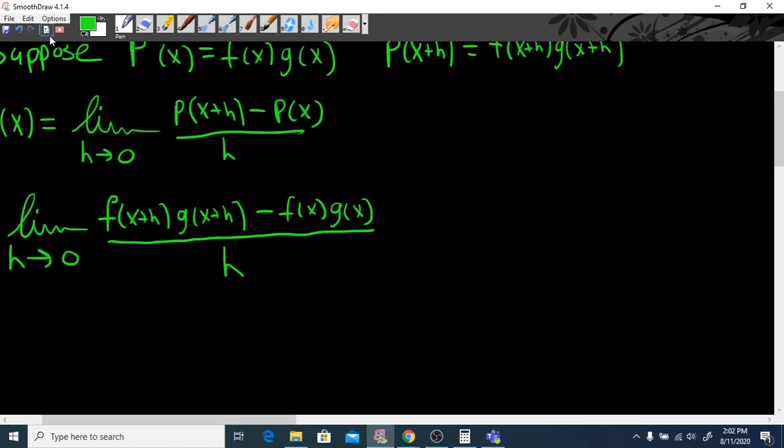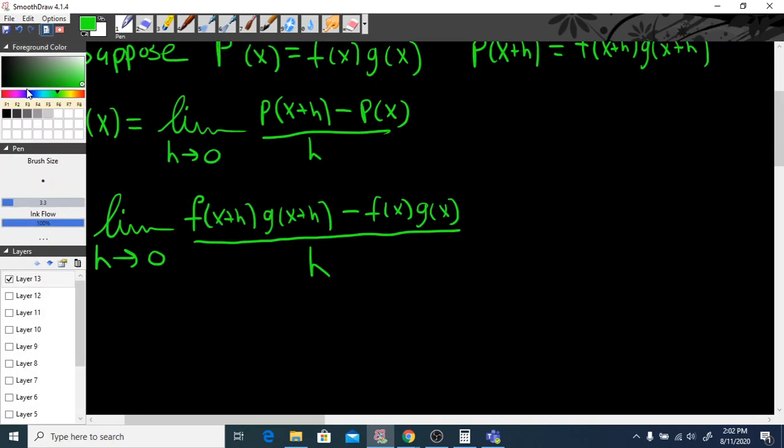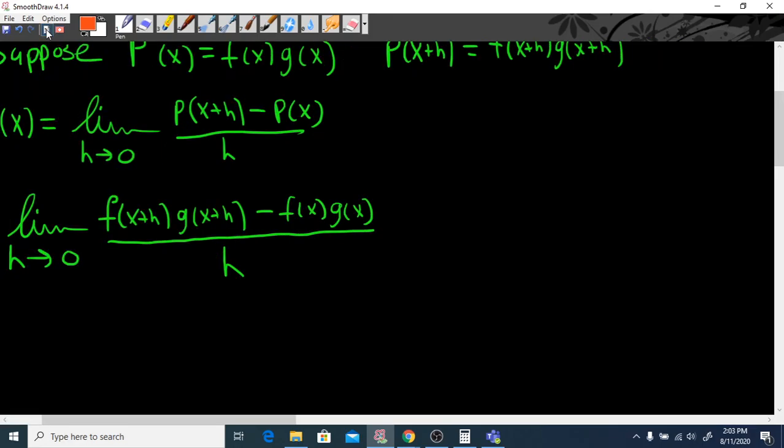Let's get a little more technical, and let's talk about the goal here. The goal is to write the product in terms of f and g. Okay, so here's what I'm saying. The derivative of f is this.